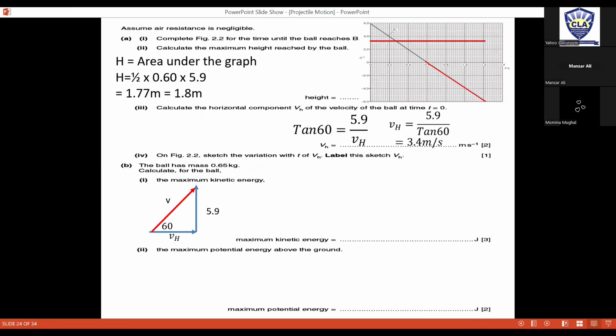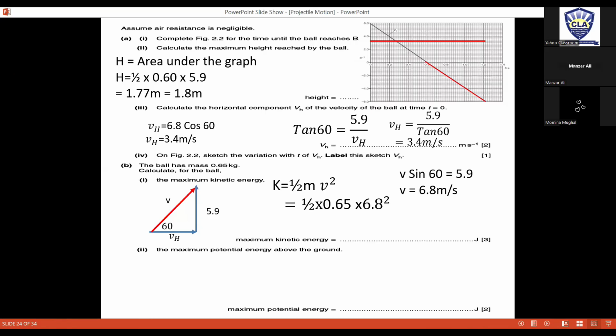So horizontal velocity will be a straight line at 3.4. We can find the horizontal velocity by this method too, by finding V first and then using that for finding horizontal velocity as well. Maximum kinetic energy will be half mv square, and it comes out to be 15 joules.